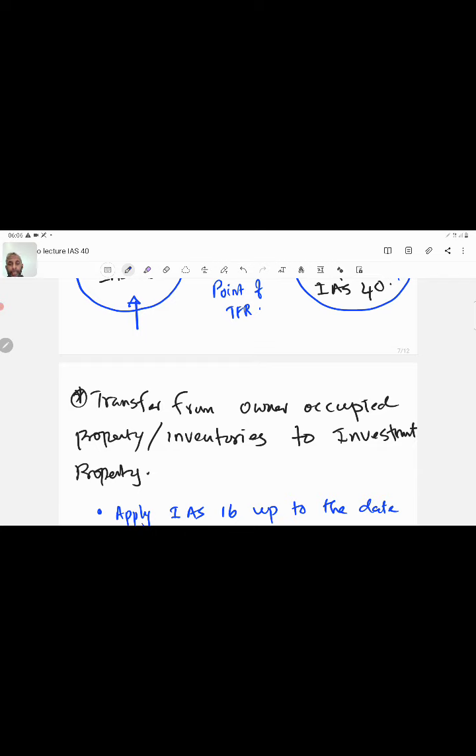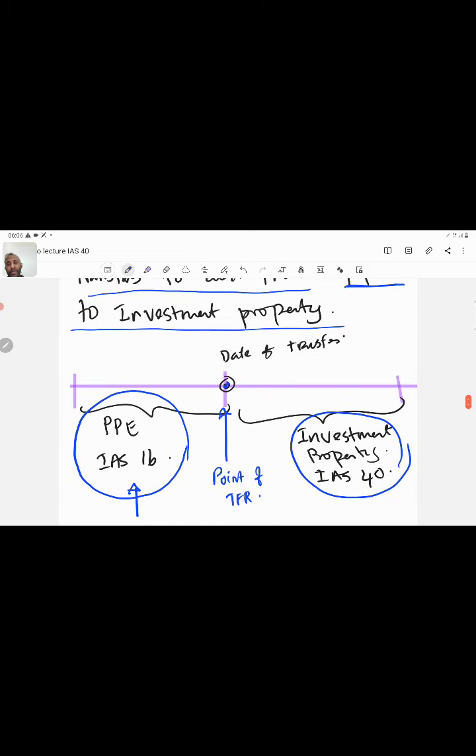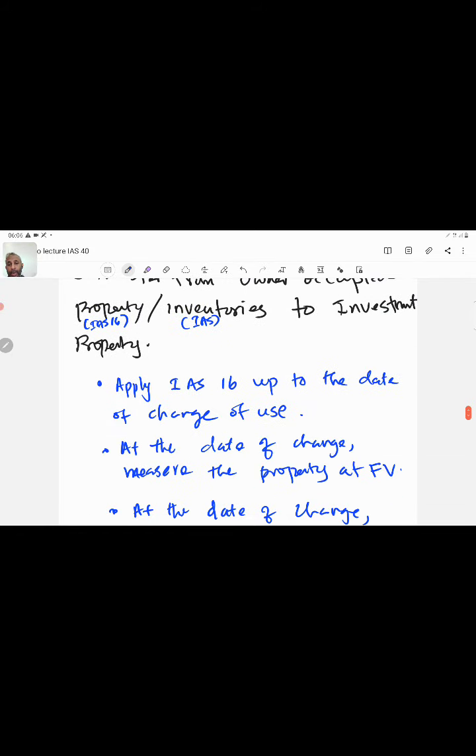This is one category, where you have either IAS 16 or IAS 2 to investment property. Apply IAS 16 up to the date of the change of use. So if it is property, plant and equipment, you need to apply IAS 16 up to this date. Or if it is inventory, then you need to apply IAS 2 up to the date of the transfer.